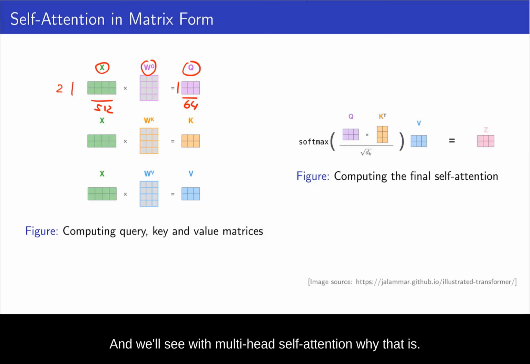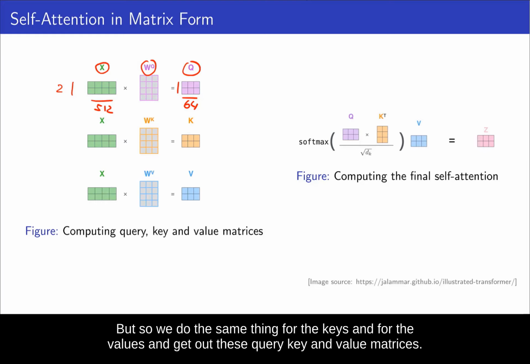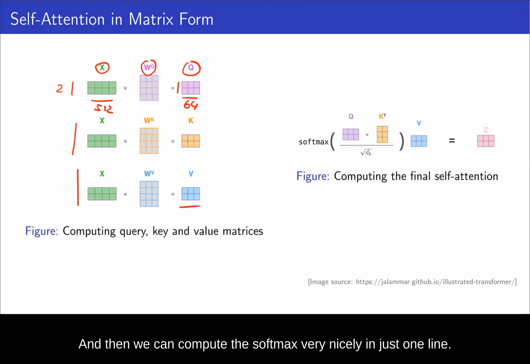And we'll see with multi-head self-attention why that is. But so we do the same thing for the keys and for the values, and get out these query, key, and value matrices. And then we can compute the softmax very nicely in just one line.